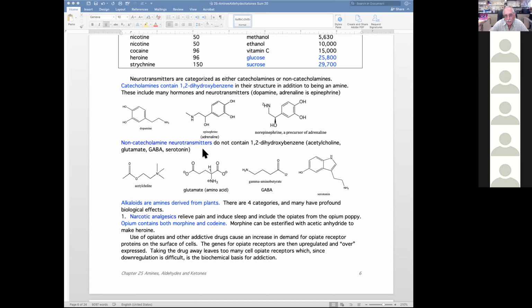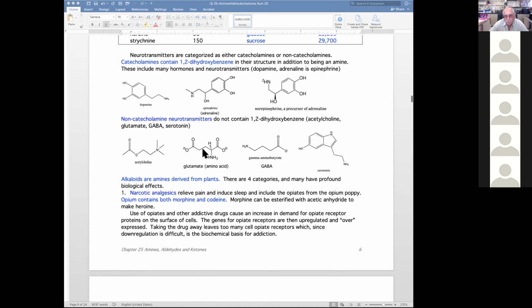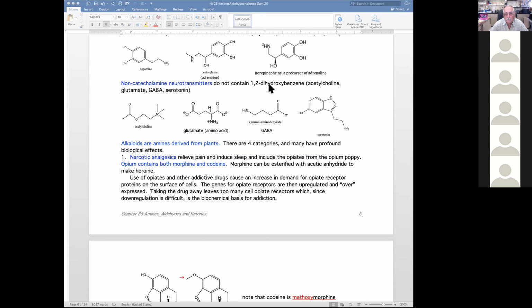Then we have non-catecholamine neurotransmitters that don't contain 1,2-dihydroxybenzene. The first one we looked at is acetylcholine. Right now we can look at acetylcholine and that nitrogen right there.